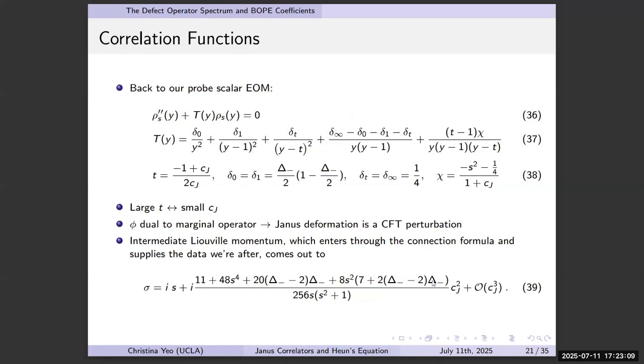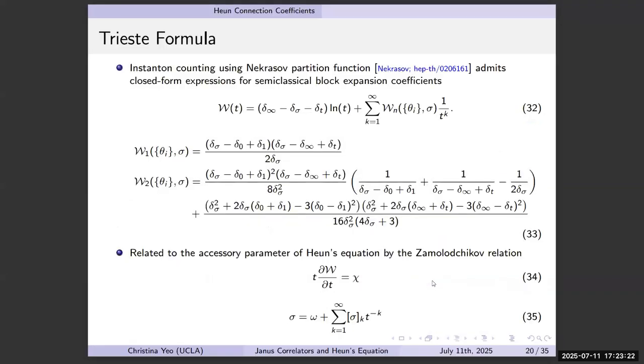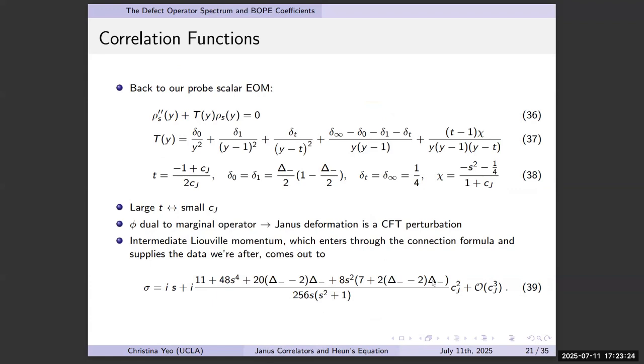And this small CJ deformation, the Janus deformation, can be thought of as a CFT perturbation problem. And the intermediate Liouville momentum, which we expanded in T earlier, we can reparameterize it as a small CJ expansion, and this is the form that we get after organizing everything. Questions so far? Okay.